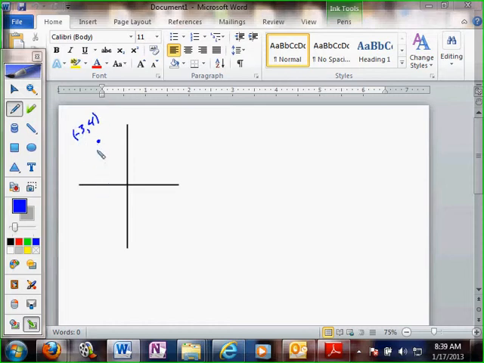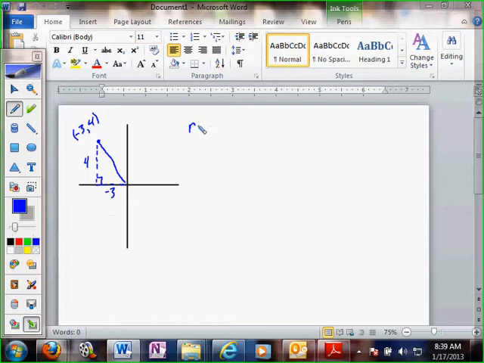If I draw these little dotted lines here as I did before, and you're going to want to do this on your paper, the y value is 4, so this side of my right triangle is 4. The x value is negative 3, so this side of my right triangle is negative 3. I need to find r.